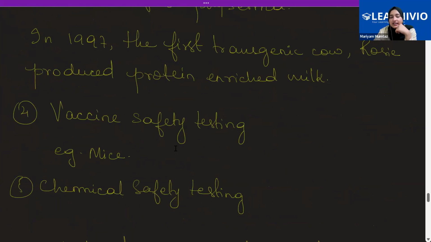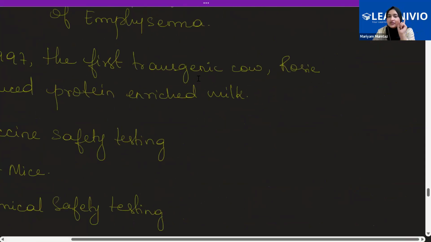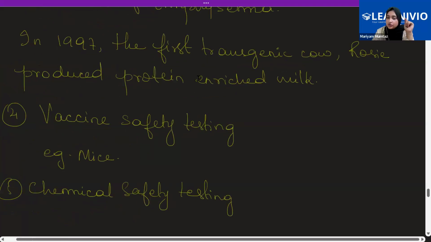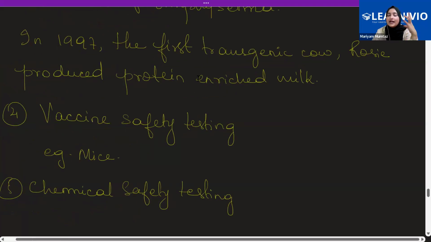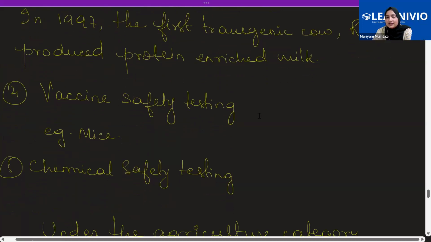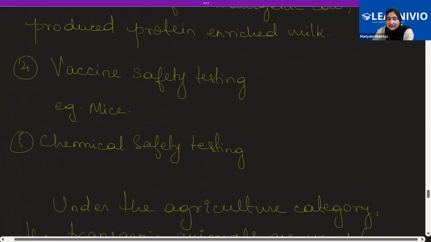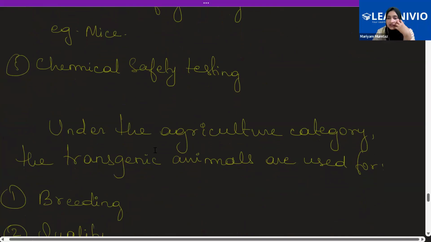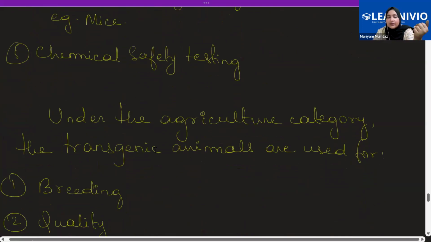In the year 1997, not too long ago, the first transgenic cow was made, whose name was Rosie. She was the cow that had superior protein content in her milk. Then there was vaccine safety testing also, like mice are used for vaccine safety. Chemical safety also, like all those products that we use on our face are tested on animals.